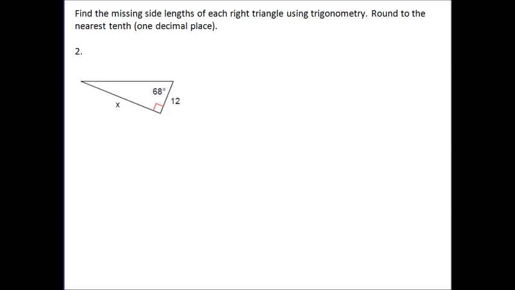For the next example, we have to again find the missing side length, and we have to round to the nearest tenth. This time only one decimal place. But as you will see, we will set up the equation a little differently. First of all, SOHCAHTOA, and label our triangle.